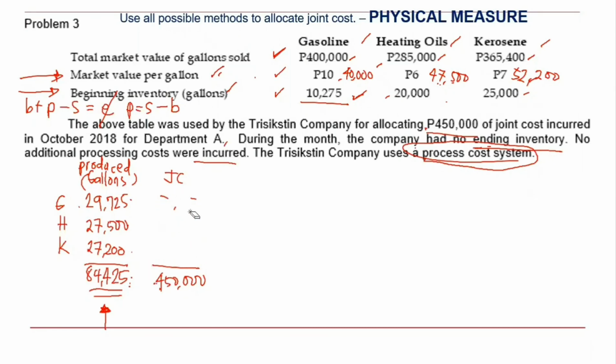So yung joint cost natin medyo magbabago po. Hindi pala ba yun siya magbabago? Magbabago talaga siya. Ayan, Control P. So 450,000 times 29,725 divided by 84,425.